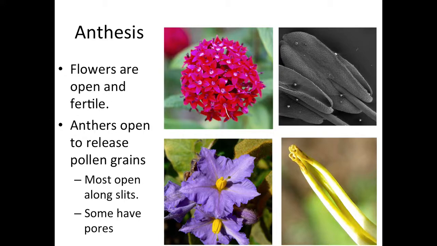So when the pollen is mature, the anthers will open, and different species open in different ways. We already saw the lilies that open via slits, and actually after the slit opens, it folds itself inside out. These pentas open up also by longitudinal slits, but they don't fold. They just open up, and here you can see some of the pollen grains.